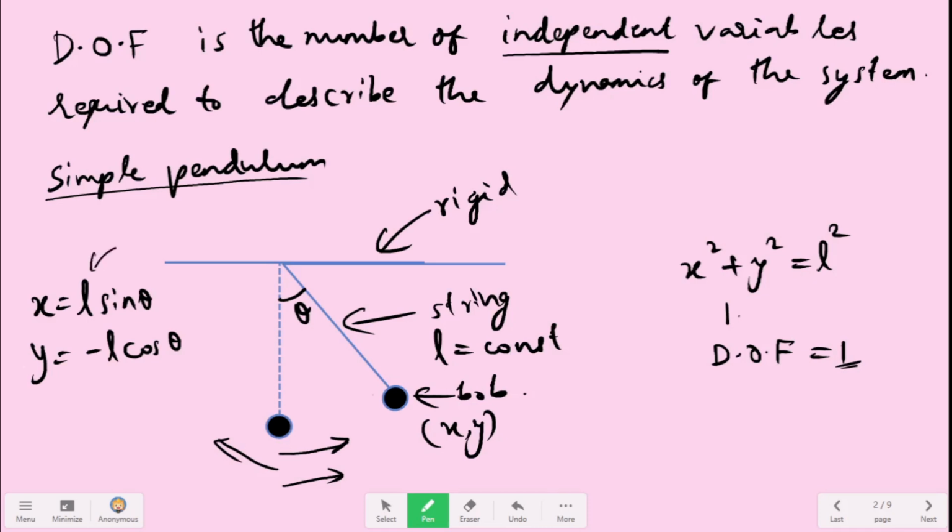And do not think L is a variable, L is constant. So by using only theta, we are now able to describe its horizontal position, its vertical position as well. The independent coordinates that we use to describe completely the configuration of the system are also called the generalized coordinates. So theta is the generalized coordinate in the case of a simple pendulum.